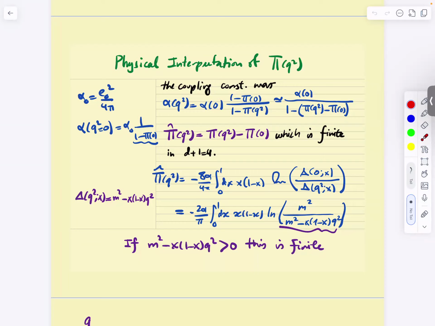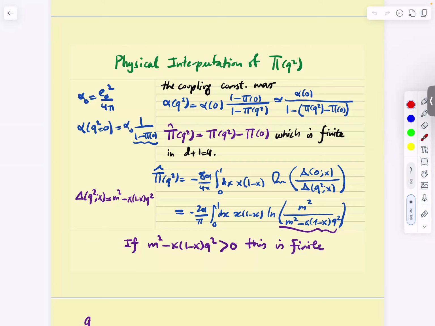This is finite. Q dependence goes in here. Why do I not do the integral immediately? Can you tell why I'm not doing the integral immediately? Well, there are a couple of reasons. First of all, it's ugly.